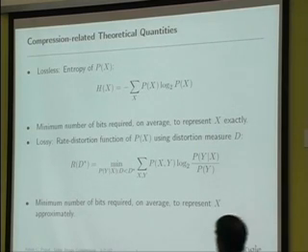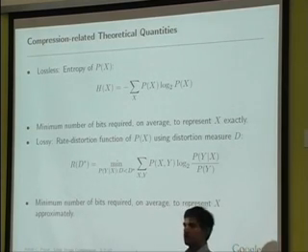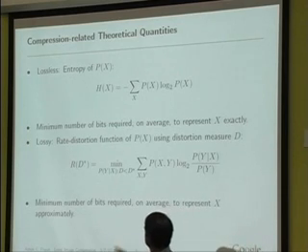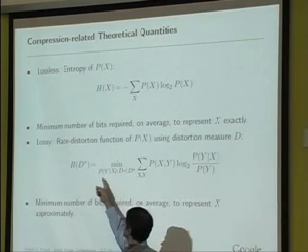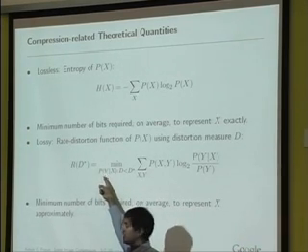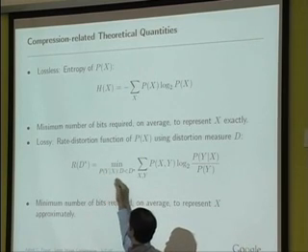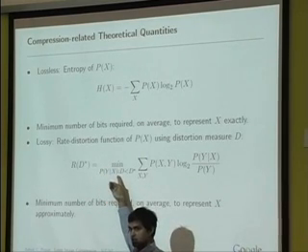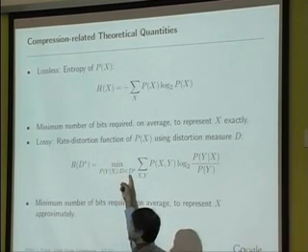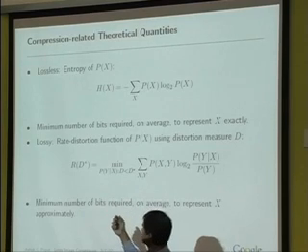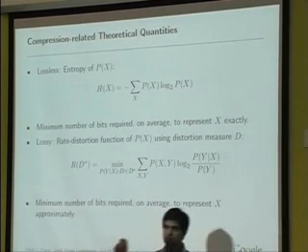And the quantity itself can be expressed in terms of a hypothetical test channel. So I have some input to this hypothetical test channel. I look at the output, and I consider all such test channels such that the distortion that I get by using that channel doesn't exceed my specified distortion, the parameter of the point on the curve.